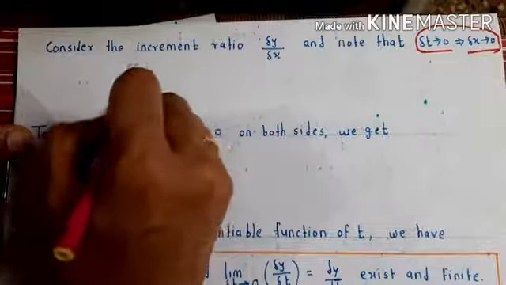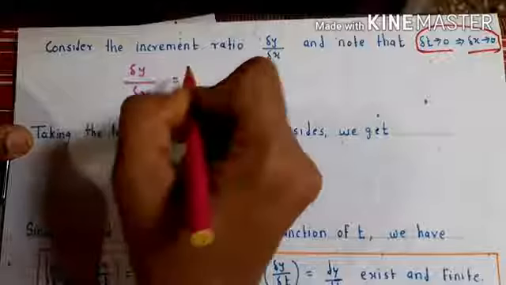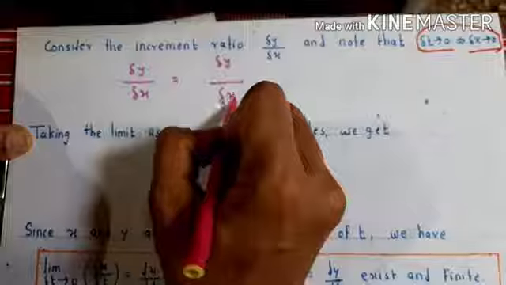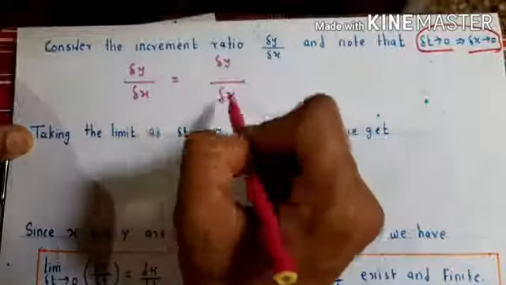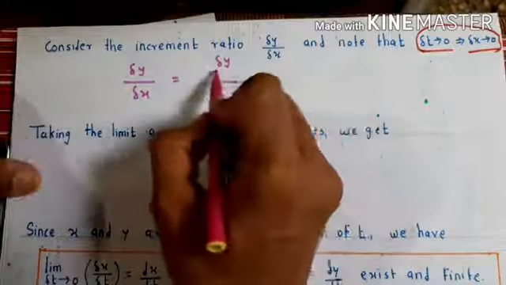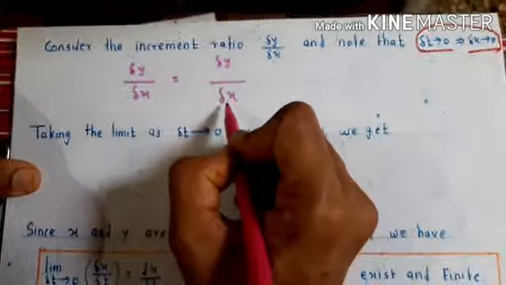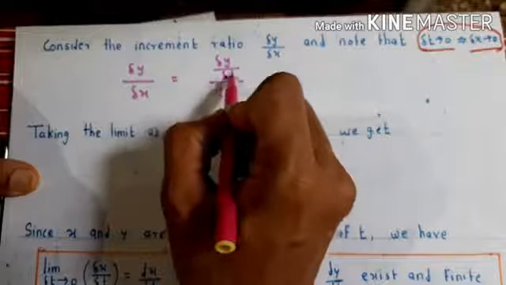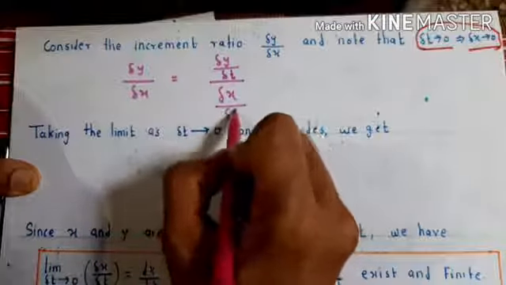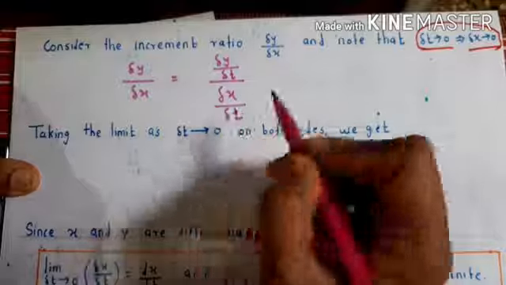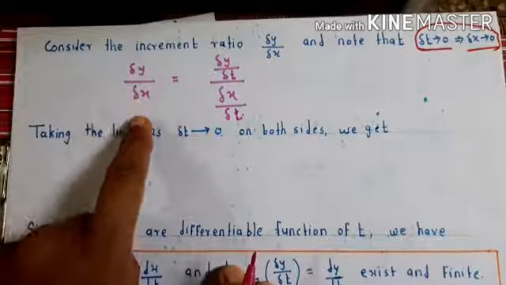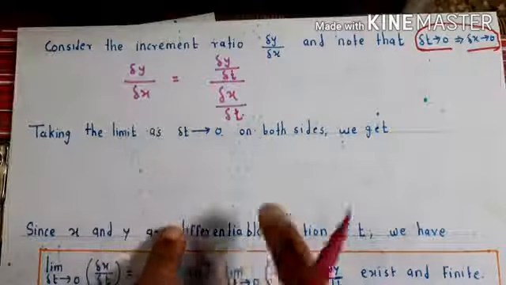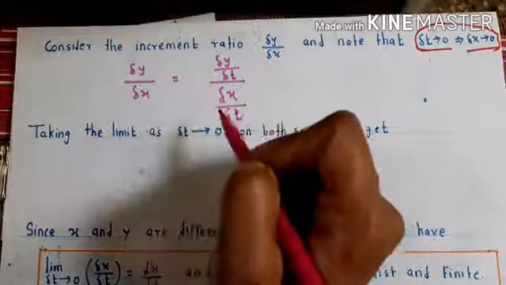Suppose this is the numerator and this is the denominator. So divide the numerator by delta t and divide the denominator by delta t. So we can write delta y upon delta x as delta y upon delta t divided by delta x upon delta t.